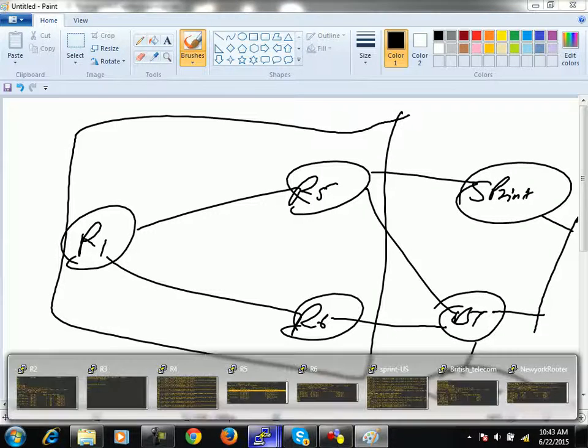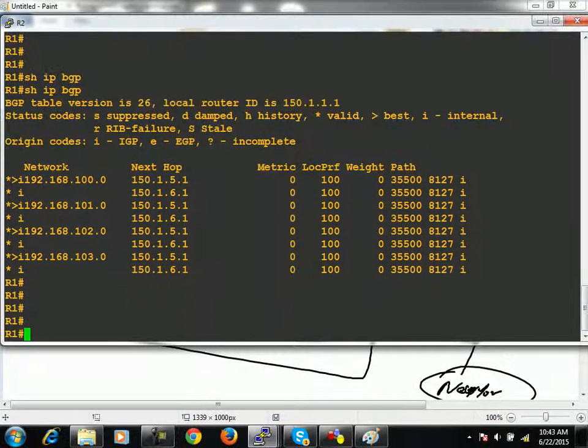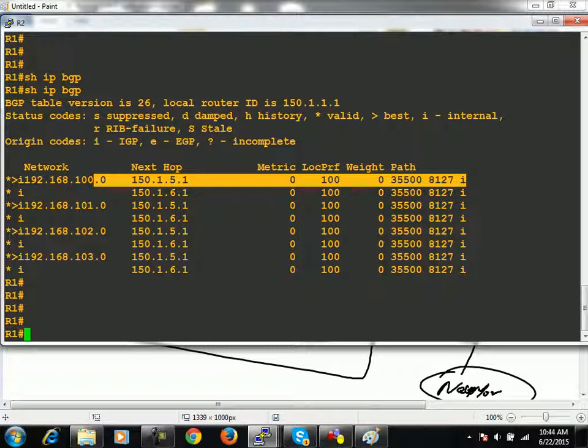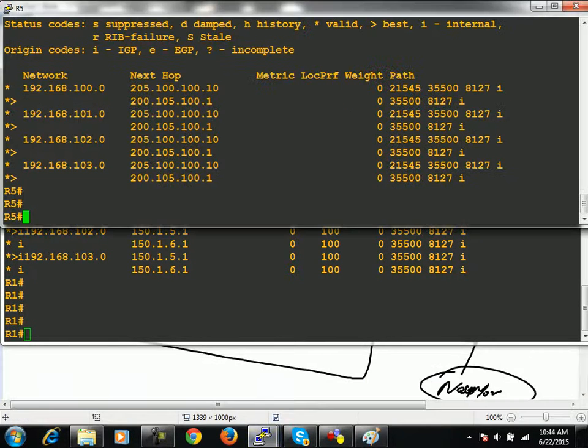Great. Now let's move back to R1. Remember that BGP will always advertise only best path information. That is why it is receiving this information from R5 that you are required to cross only 2 ASs, not 3 ASs, because for R5 its best path was via BT only.